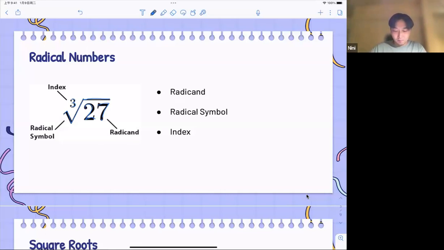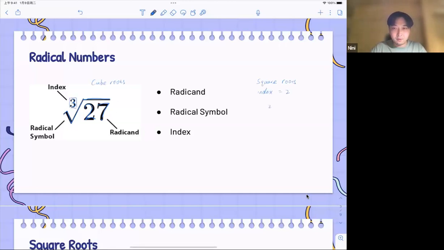If you notice here, this is 3, which makes it a cube root. What about square roots? You can imagine that for square roots, the index is equal to 2.